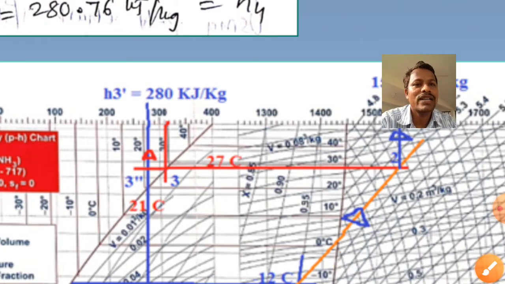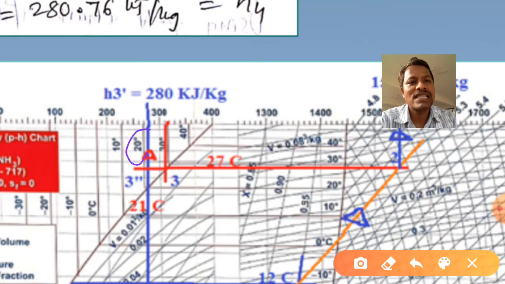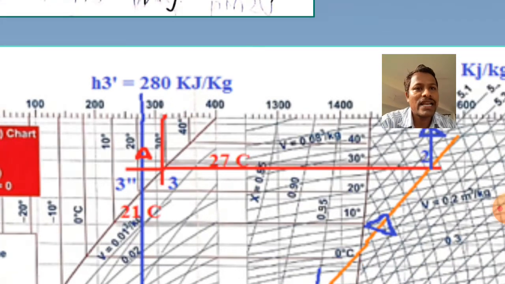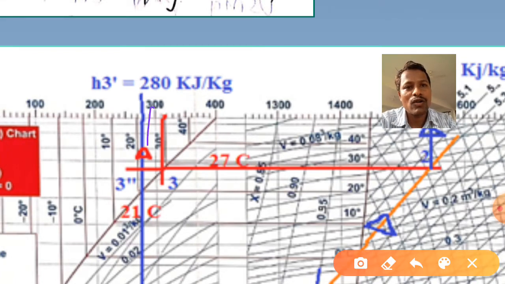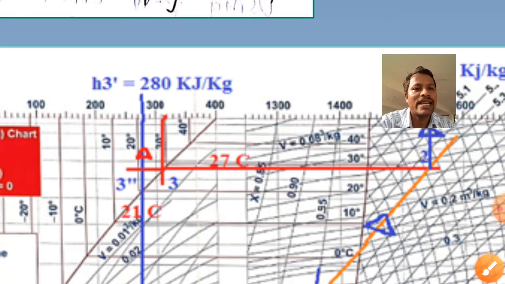How to obtain 21 degrees Celsius on this pH chart? Now we have 20 degrees Celsius here, then again we have 30 degrees Celsius. I will just slightly move in the rightward direction to get the 21 degrees Celsius line. Wherever I have the 21 degrees Celsius line, I will drop a vertical line downward.